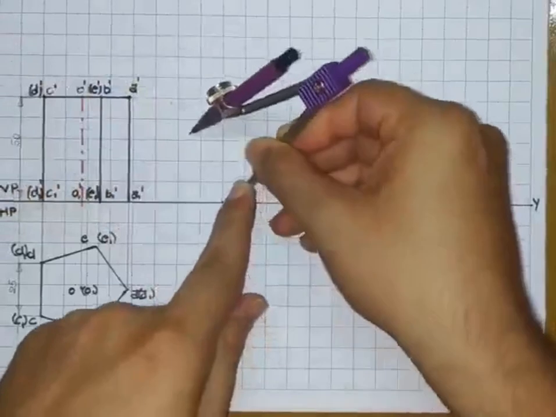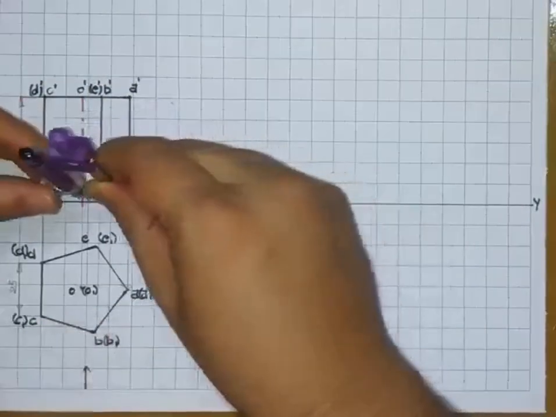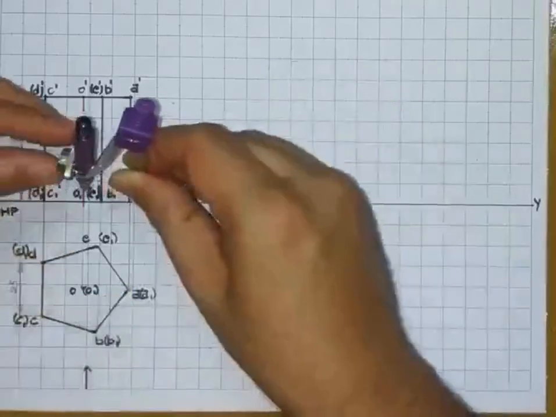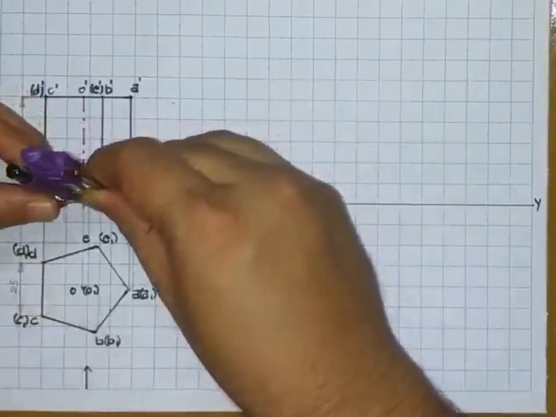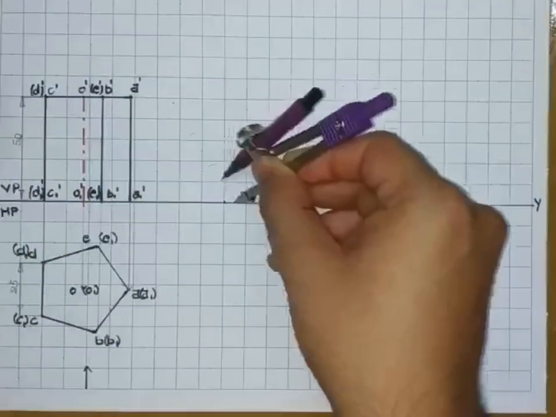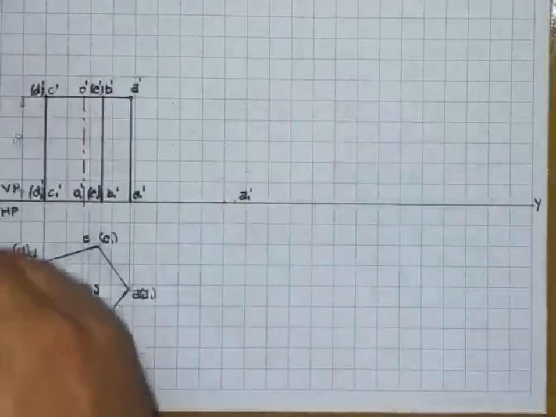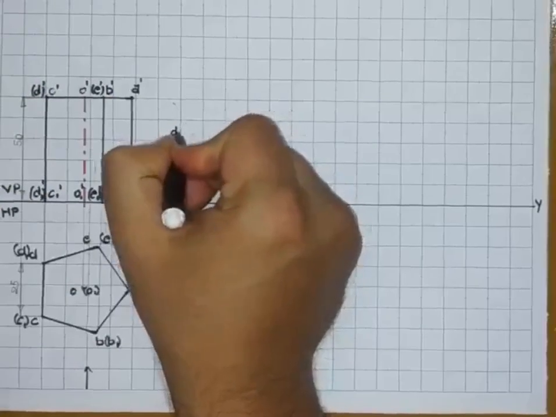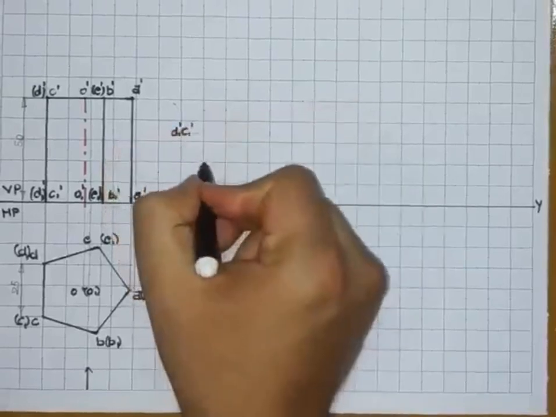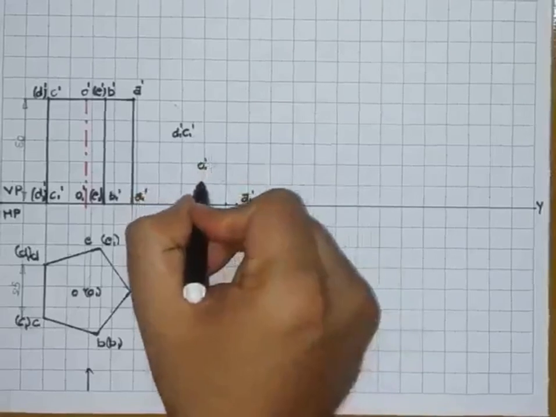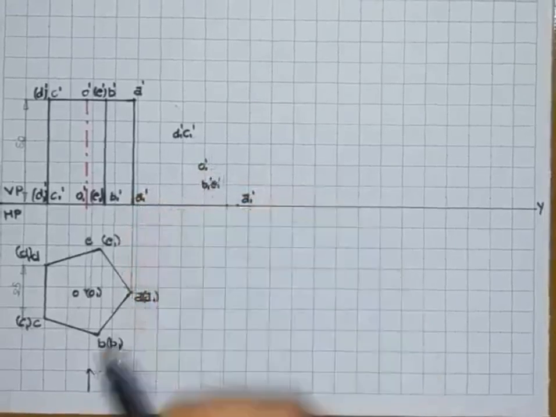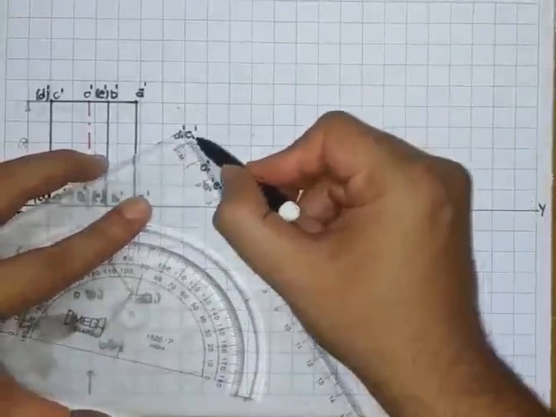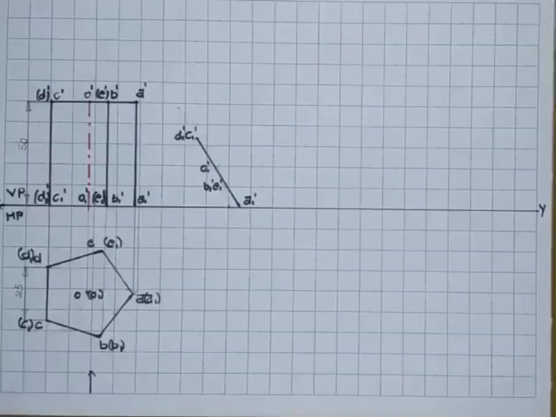This is C and D, and this is O, and this is B and E. This is point B1 dash and C1 dash, and this is O1 dash, and this is B1 dash and E1 dash. I'm going to make it dark.